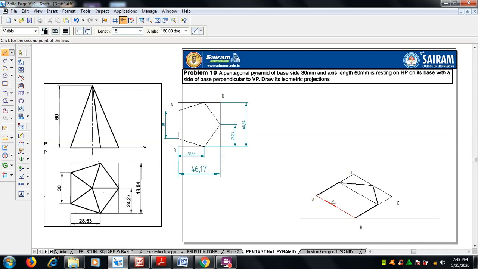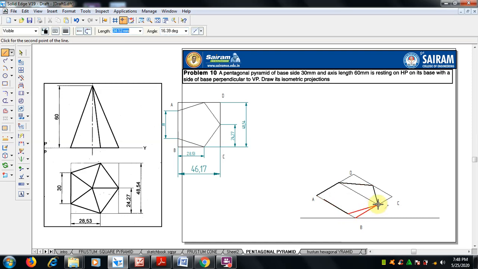Okay, 15 mm at, see here this is minus 30, this side we can have a minus 30 degree, and this is 150. So 15 at 150 angle, and from this point again 15 at minus 30, right?